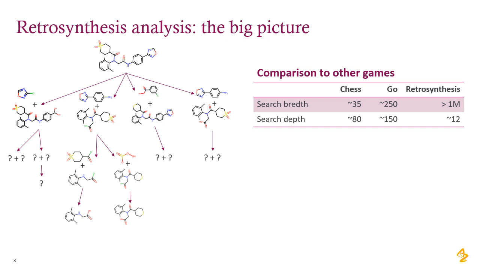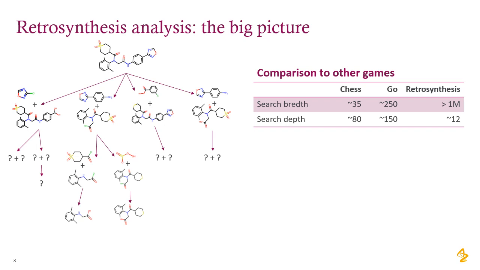So this can be compared to games, and algorithms to solve this problem have been inspired by game theory research. The thing with retrosynthesis is that compared to games like chess and Go, we have a much wider search tree. At each point in the search tree, we can make many disconnections.